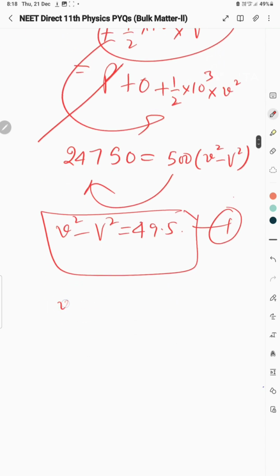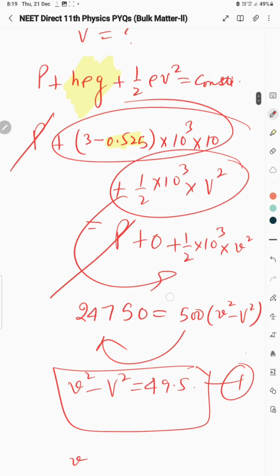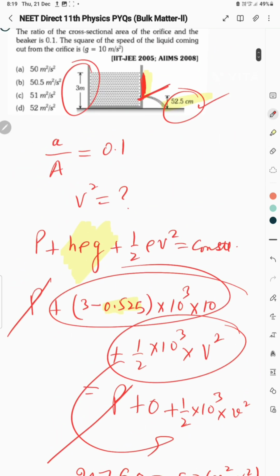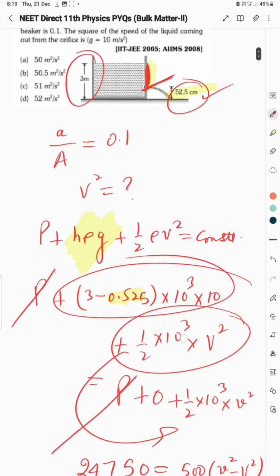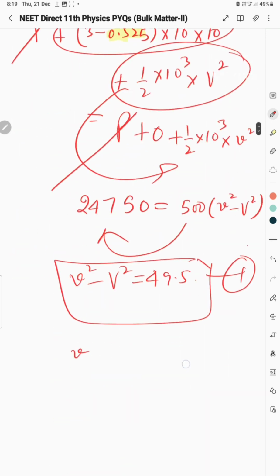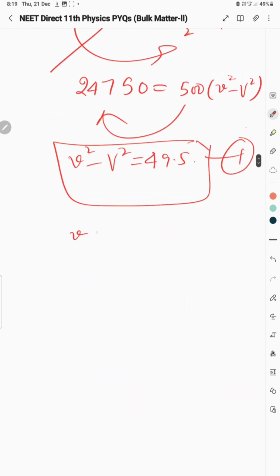Now from the equation of continuity, this velocity into area. This is the velocity I'm putting up here at the small orifice, into area. It should be this into area. This is the equation of continuity, V1A1 equal to V2A2.